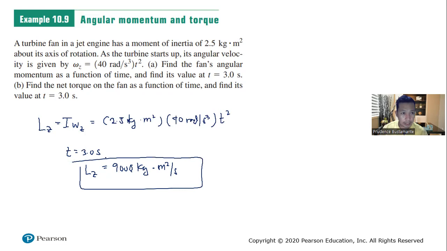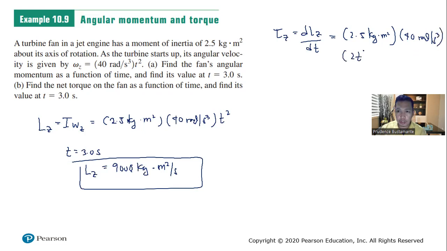Now find the net torque of the fan as a function of time and find its value. The net torque is just equal to the rate of change of the angular momentum, dL over dt. So here we have 2.5 kilograms meter squared times 40 radians per second cubed times 2t.